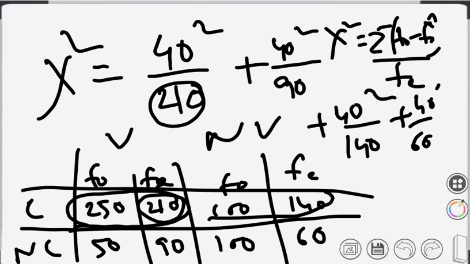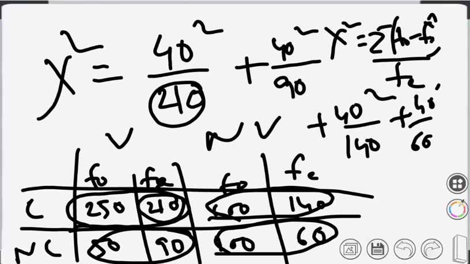Isn't it? Subtracting this also gives 40, subtracting this also gives 40, all of them are 40.